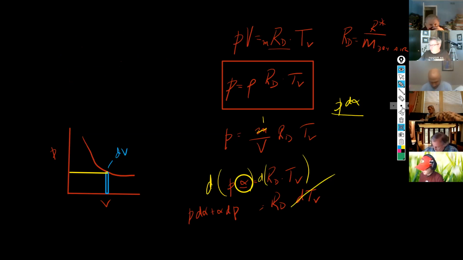Equation 3.34 is the first one, is that dq, and I'm going to change it a little bit, is dW plus du. This is internal energy.